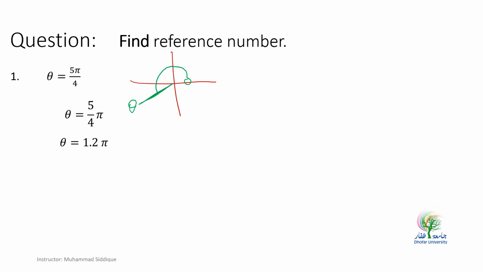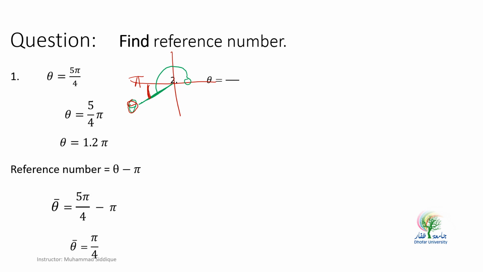And this is pi, so this is the shortest distance. Theta is large, pi is small, so to find the reference number, theta minus pi. The angle is 5 pi by 4 minus pi, it will come pi by 4.